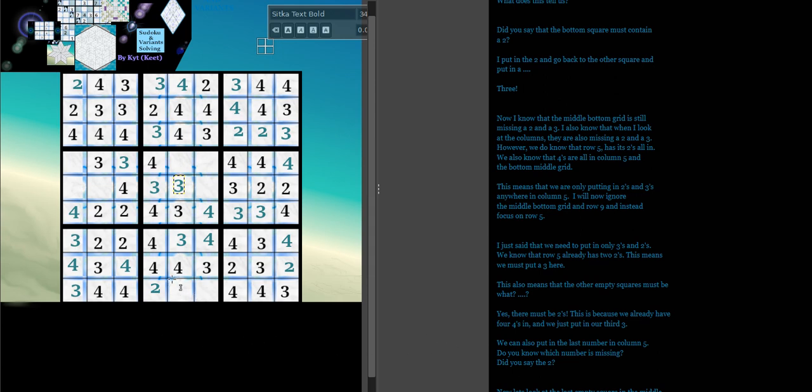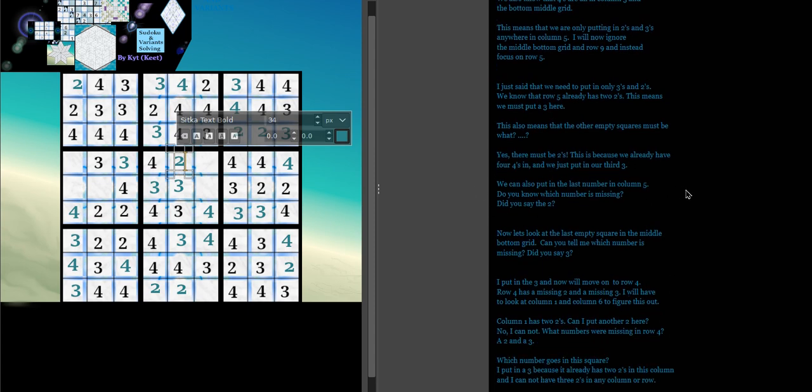Yes, there must be 2's. This is because we already have 4 4's, and we just put in our third 3. This also means the other empty square must be what? Yep, 2's.